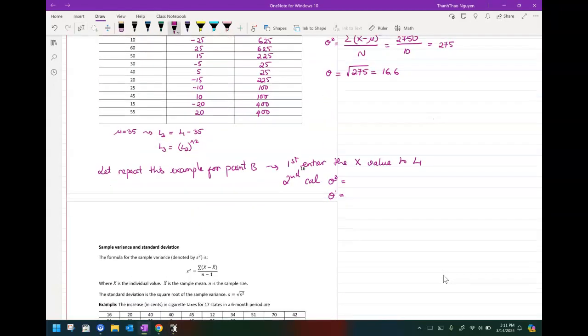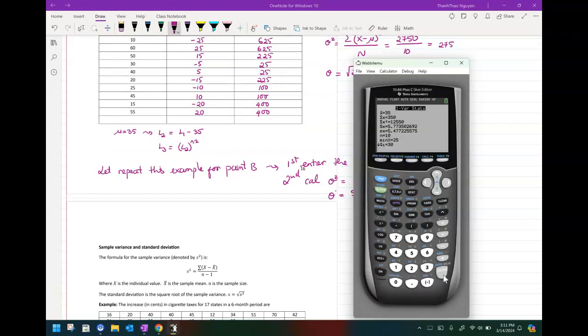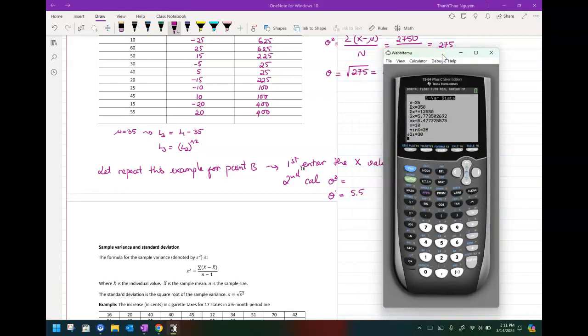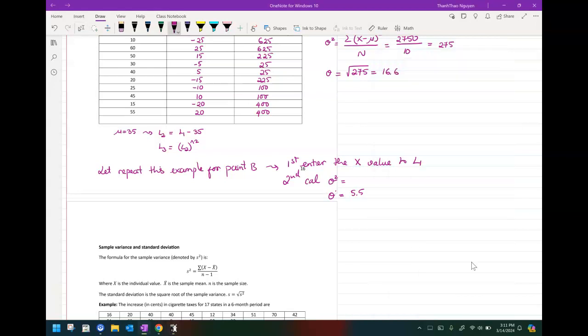So here we get 5.5, which means the variance is 5.5 squared, and that is 30.25.